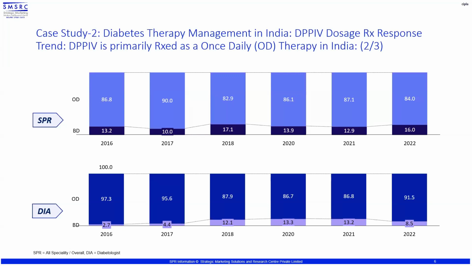Whereas internationally, as I was told, it is BD, twice a day, and first-line therapy. So this directly hints that DPP-4 in our country is not considered a first-line therapy, at least at the start and even today, largely, though there are some occasions when one would see that DPP-4 has become first-line therapy after so many years.